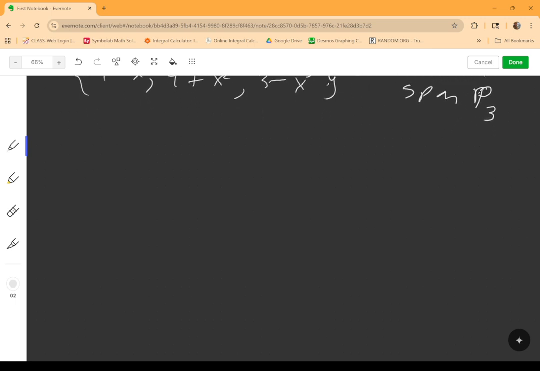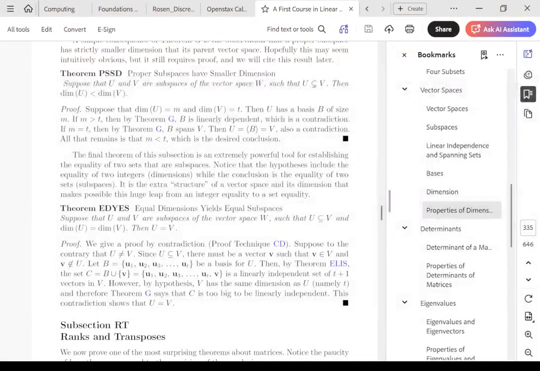Now, in terms of subspaces and the dimension of those, a theorem in our textbook addresses this situation. So theorem E or PSSD, proper subspaces have smaller dimension.